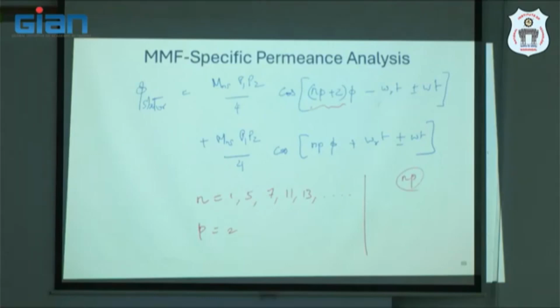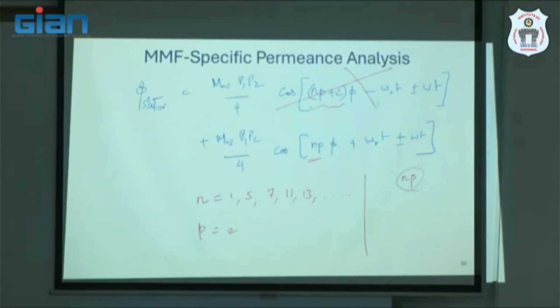What I am trying to say is, you can take a higher order np from the MMF function and compare it with np plus 2. If the orders match somehow, then currents can be induced. If the pole pair numbers never match, then current cannot be induced. So this term will not induce any current, but the other term matches, so current can be induced.